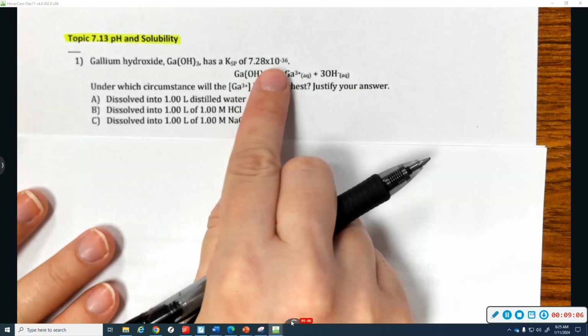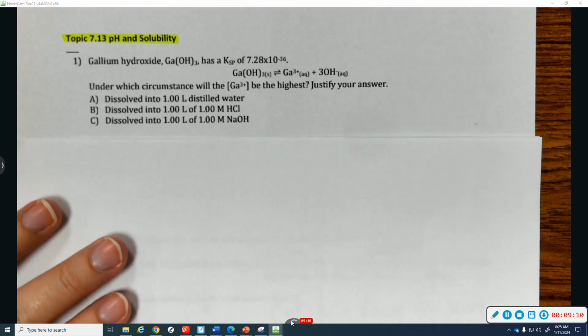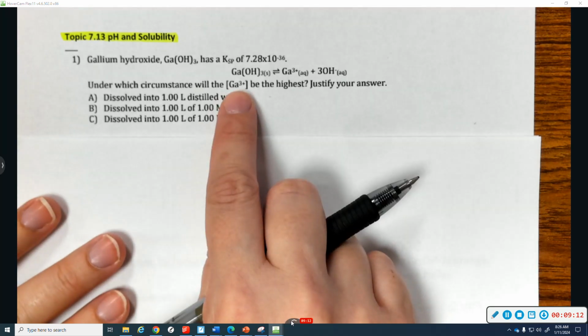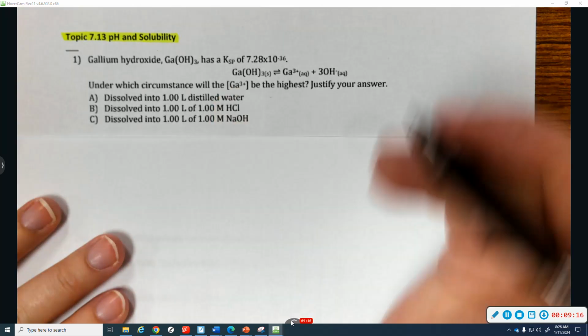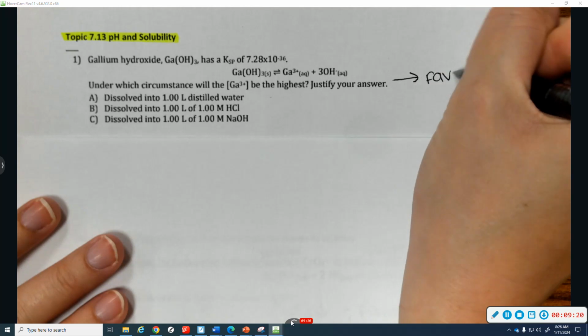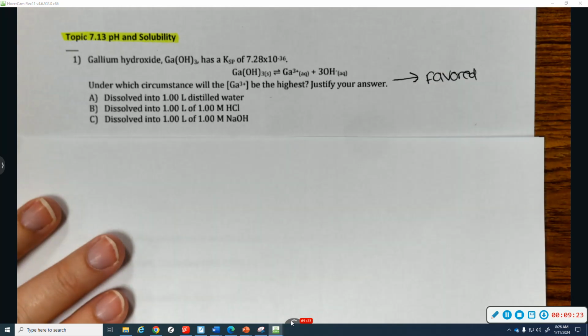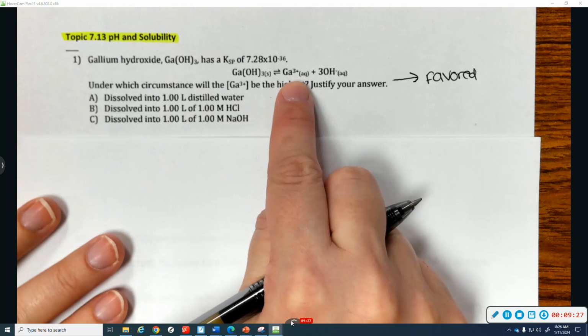This is pretty insoluble. It stays solid. So under which circumstance will the gallium ion concentration be the highest? So what I'm trying to figure out here is which one of these is going to make the reaction forward favored. What's going to make that forward reaction happen? Because that will increase the amount of gallium ions.